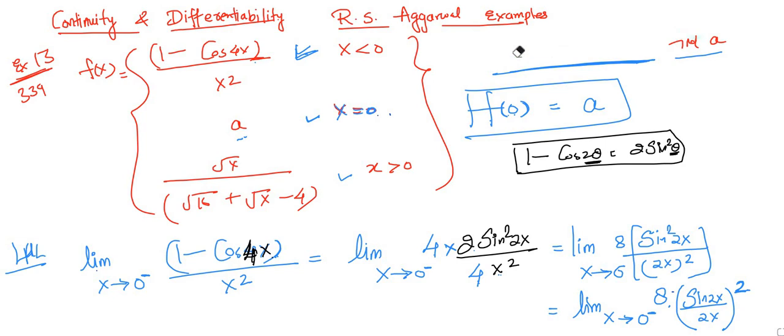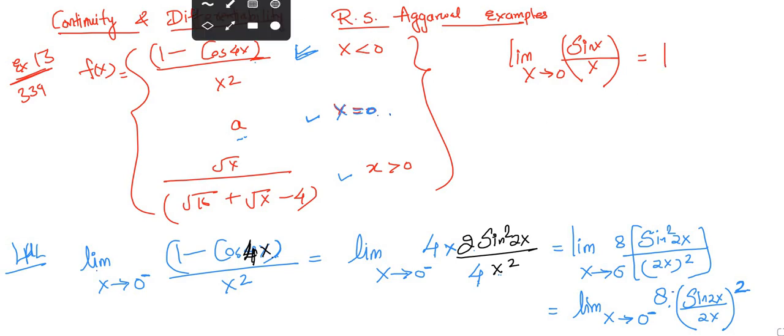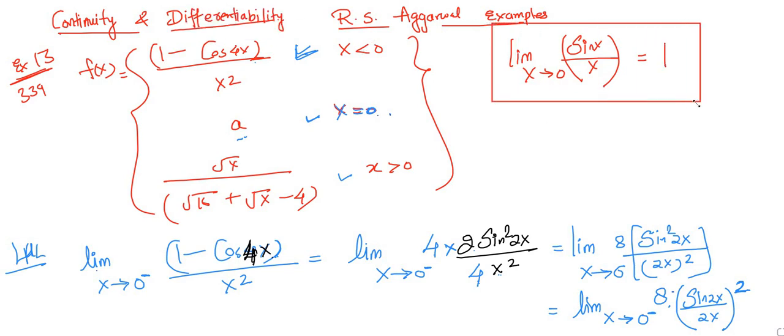In this, from class 11th, again we remember this formula: limit x tending to 0, sin x by x is equal to 1. Okay, so this formula is valid here as well.